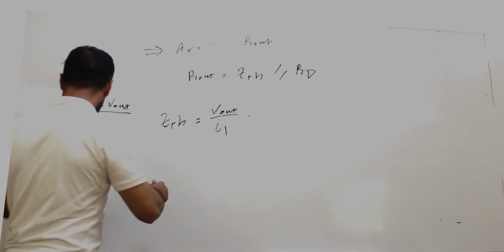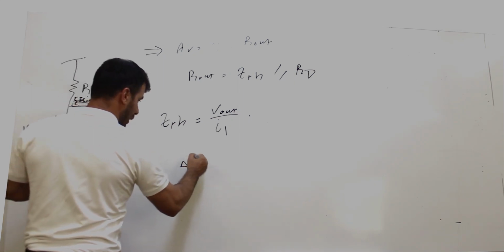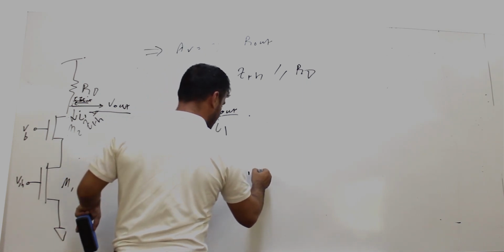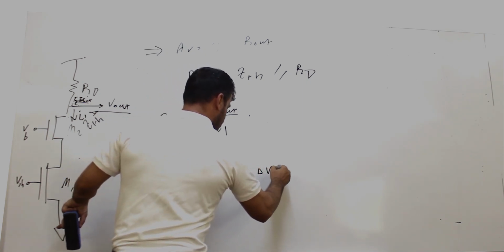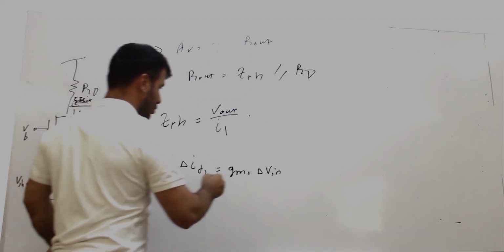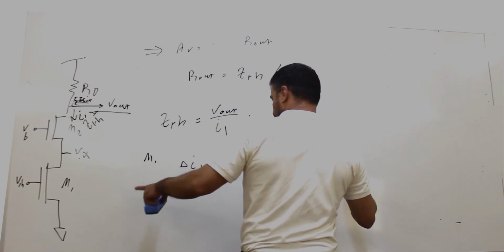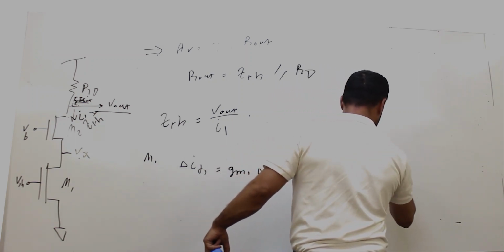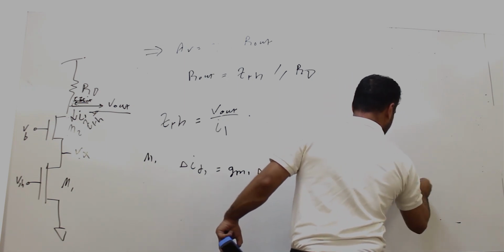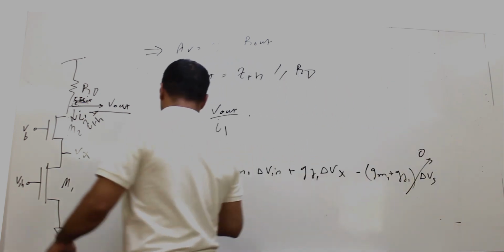Clear? Now, take the M1 equation: delta ID1 equals GM1 delta Vn. This point is Vx, so plus GD delta Vx, minus (GM plus GD)1 times delta V source, which is 0. Okay?